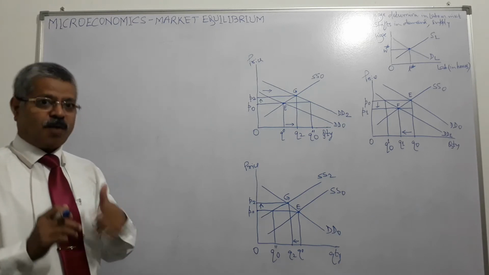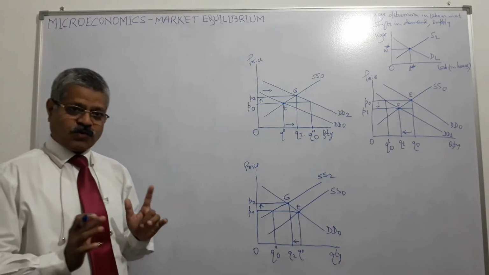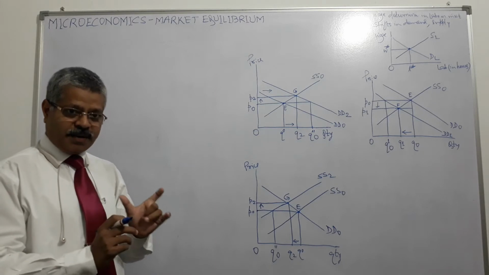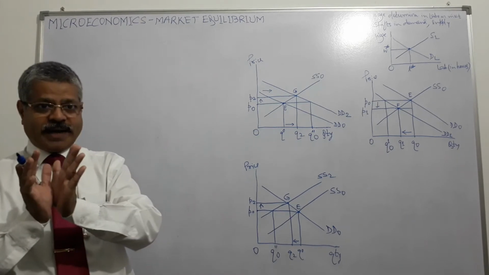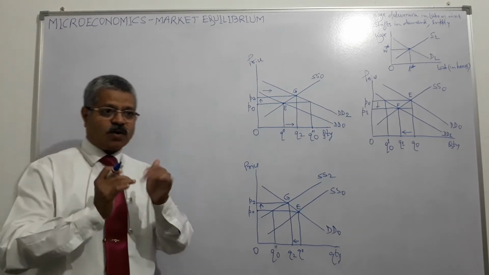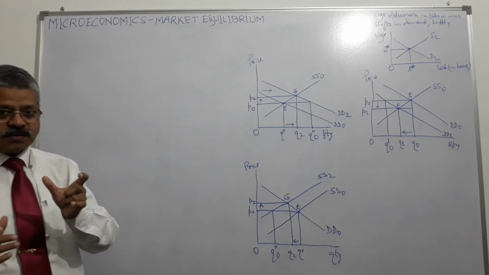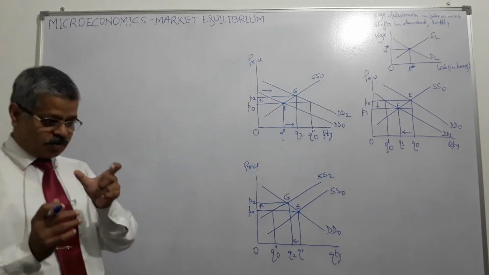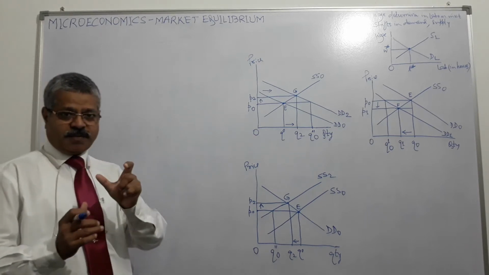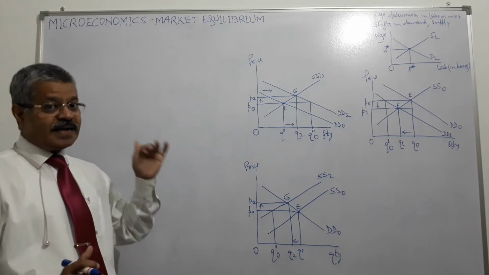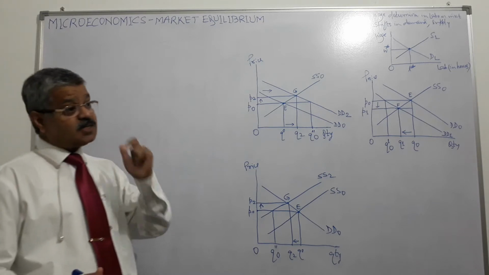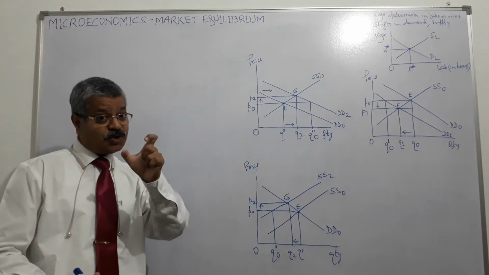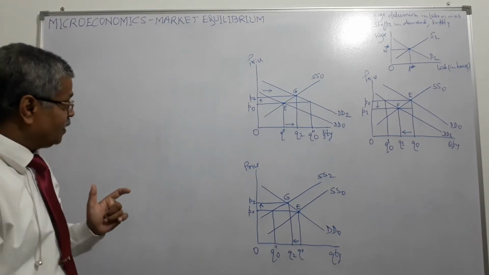Firm is a profit maximizer. So they will always employ labor up to that point where extra cost of employing one unit of labor is equal to the additional benefit that the firm earns from that extra unit of labor. It has to be equal. Right?